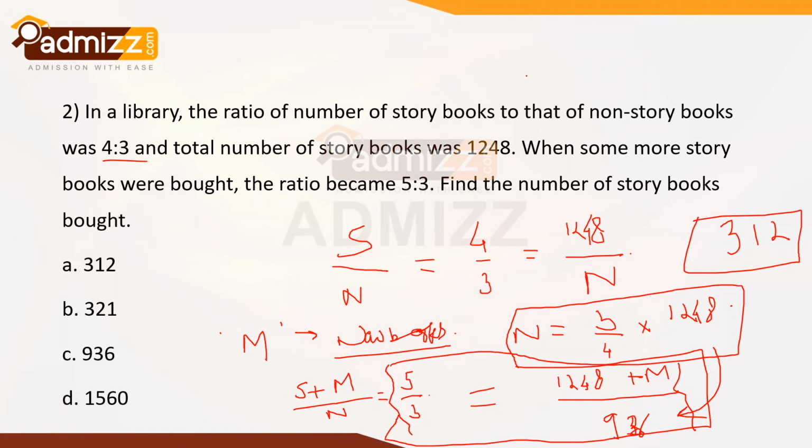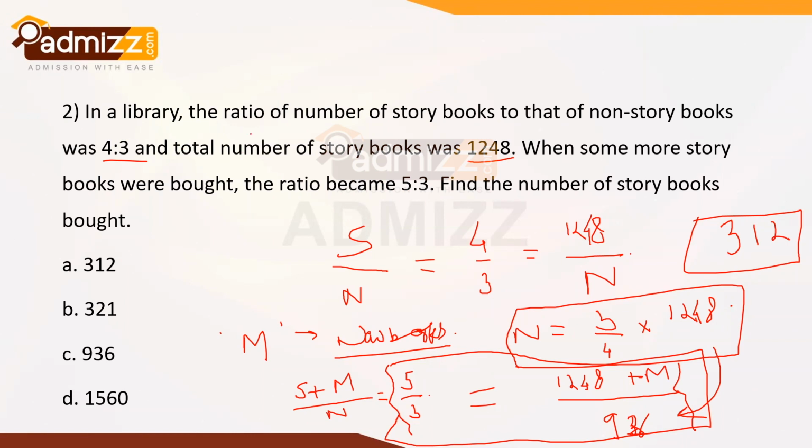Now, some of you are saying that the answer is option number D, which is 1560, but that's not the case. Take a look at it this way as well. We've got 1248 as the total number of storybooks. And when we add some books, the ratio becomes 5:3 from 4:3. So there's not much increase in that amount.